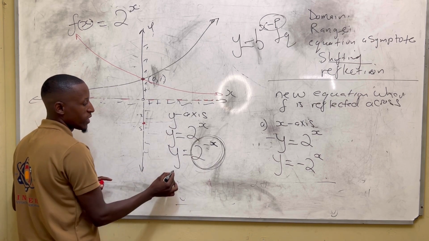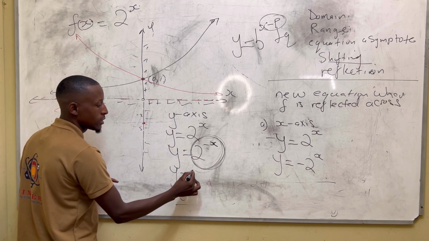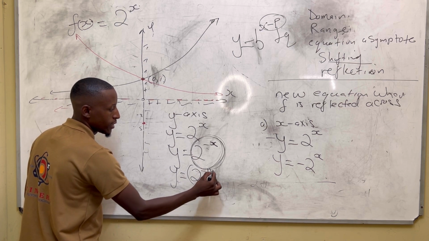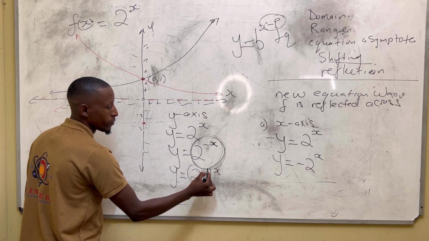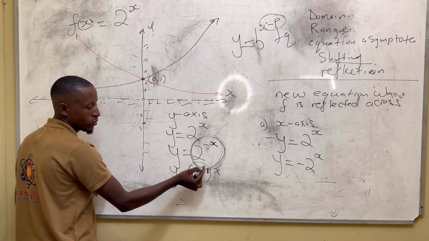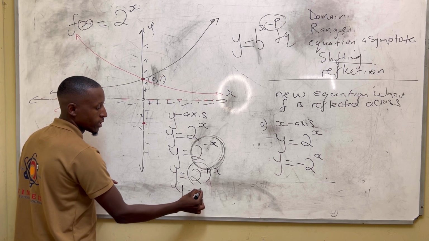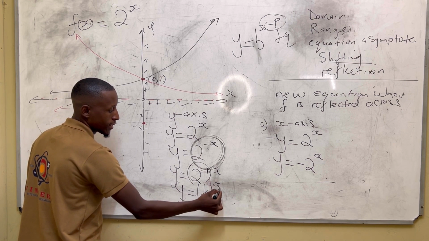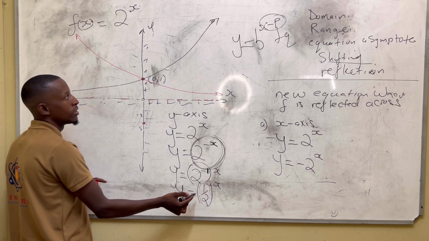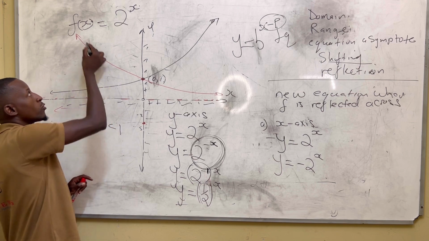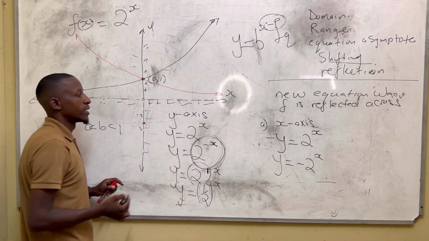So let us simplify this. If you factor out an x, you're going to get something like this. I factored out x. This thing, if you punch it on a calculator, you're going to get 1 over 2 exponent x. Do you see now the value of b is between 0 and 1? That's why you're going to get a decreasing function.